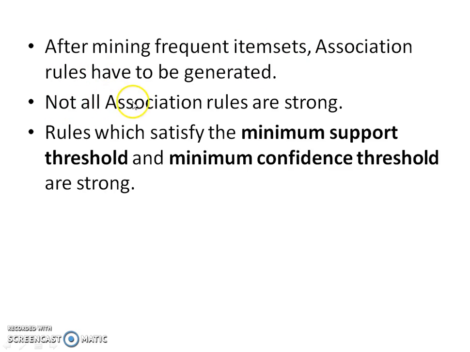Now, once you generate association rules, not all the association rules are strong. We cannot retain all the associations between the data items, so only rules which are strong are retained. Which rules are strong? The rules which satisfy the minimum support threshold and the minimum confidence threshold are called strong.